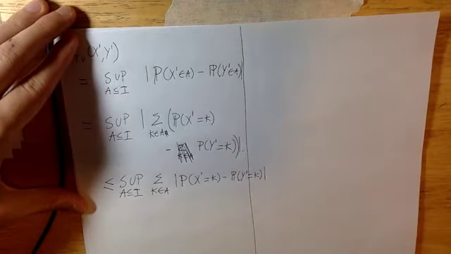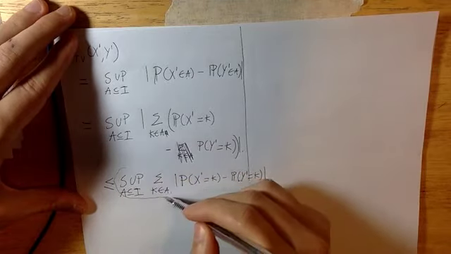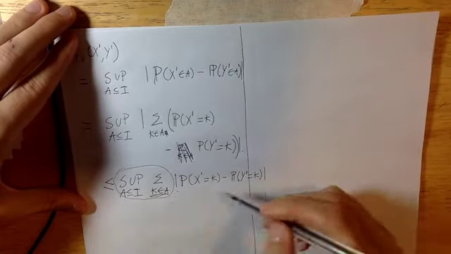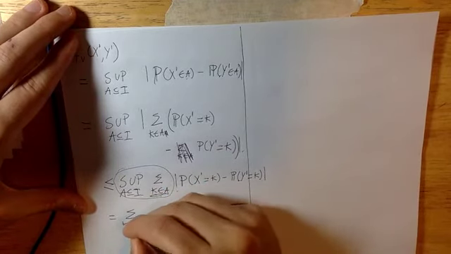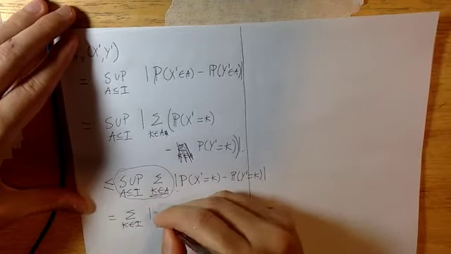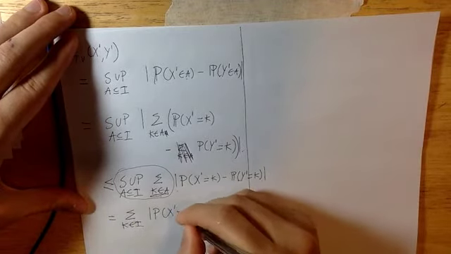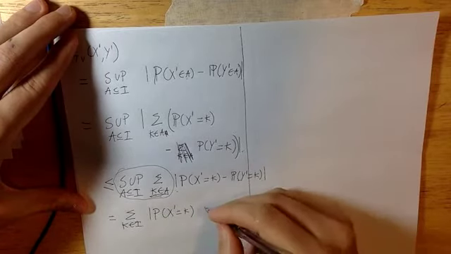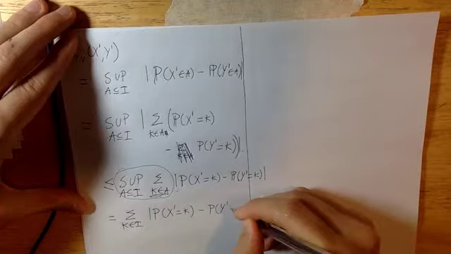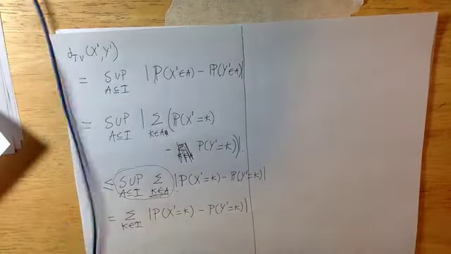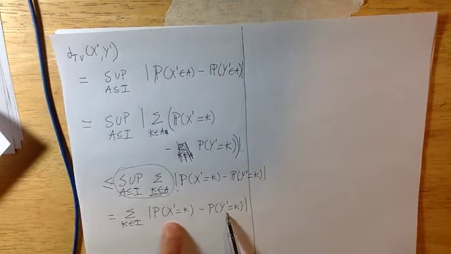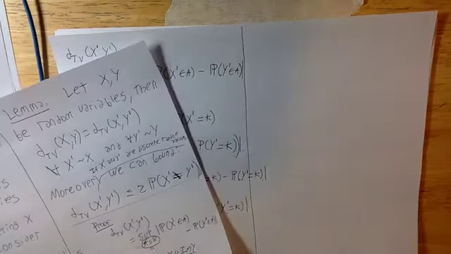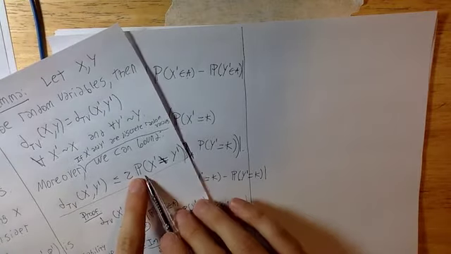But now, taking this supremum, the best set that you can take, because you're summing all positive things, is the sum over k in I of the absolute value of the probability that X prime is equal to k minus the probability that Y prime is equal to k. Okay, so here we have an inequality, and now what we need to check is that this can be bounded by 2 times the probability that X prime is different from Y prime.